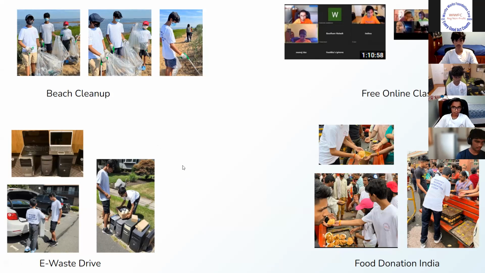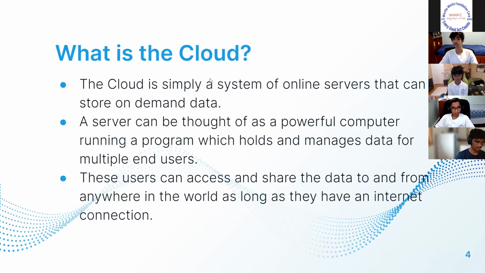Now we can get into basically what the cloud is. So the cloud is a relatively new technology, if you guys don't know. And the most basic way to describe the cloud is a system of online servers that store on-demand data. So a server, if you don't know, can be thought of as a powerful computer running a program which holds and manages data for multiple end users.